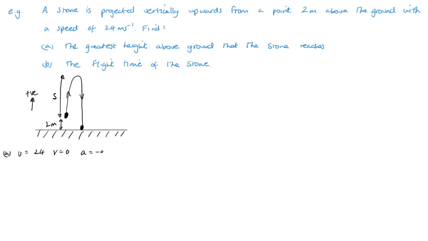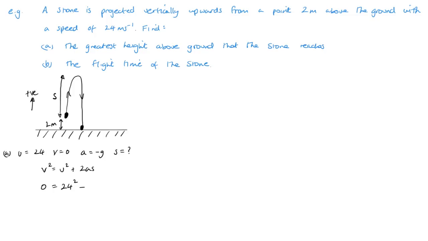A would be minus G this time because I'm taking upwards as positive, and S is what I'm trying to find. So what formula contains all of these? And it is V squared equals U squared plus 2AS.